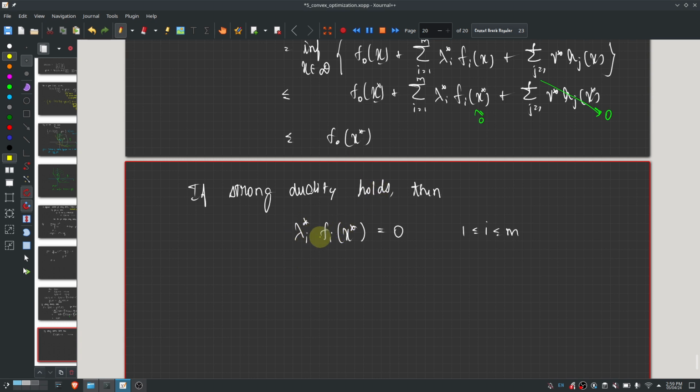Earlier you had lambda I star fi of x star should be only less than or equal to 0. But what this demands is that it should also be in some sense greater than or equal to 0. So this is equal to 0. Right? Remember that this is a necessary condition.